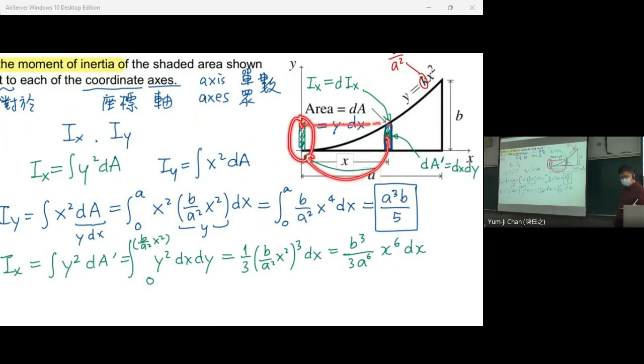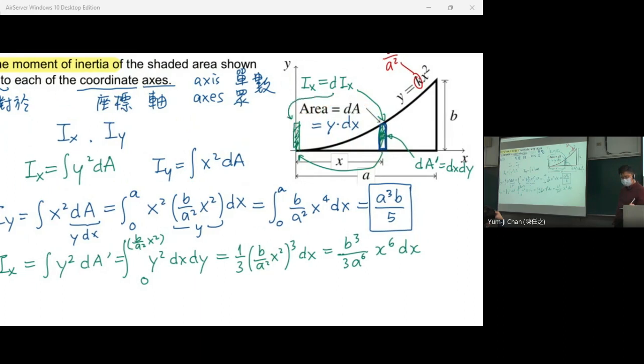What's its moment about the x-axis? Would it change? Or would it be the same? It will be the same. So Ix here is equal to Ix here is equal to Ix here. So this is also dIx now, if we move to the left.